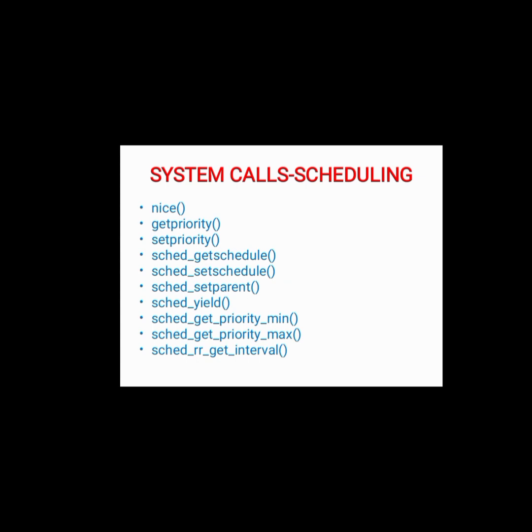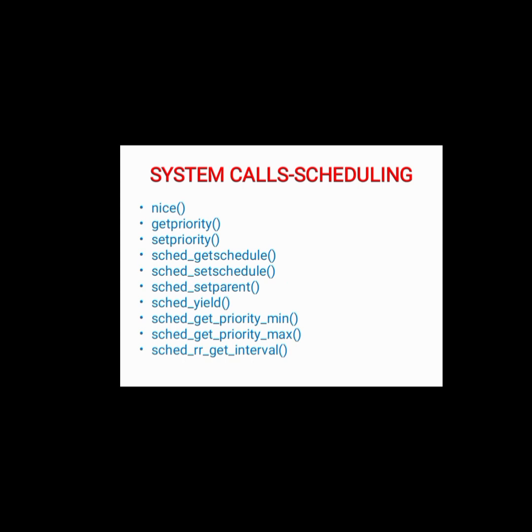Next one, sched_set_param. It is used to set the priority of a process. Next one, sched_yield. It is used to leave the processor voluntarily without blocking it. Next one, sched_get_priority_min.